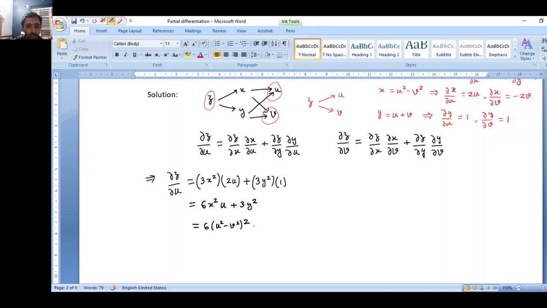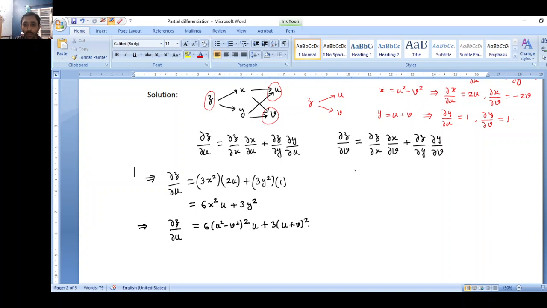So this should be squared, times u, because we are substituting this for x², and then plus 3 into, when I say y², y is u plus v. So this will be (u plus v) the whole squared. If you want, you can simplify this further, or you can leave it as it is. So this is the expression for ∂z/∂u.